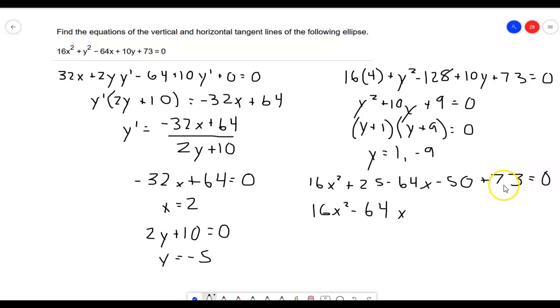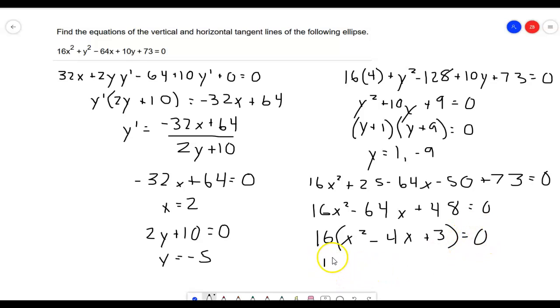So 73 minus 25 is 48, so plus 48 is equal to 0. So 16 times (x squared minus 4x plus 3) equal to 0.